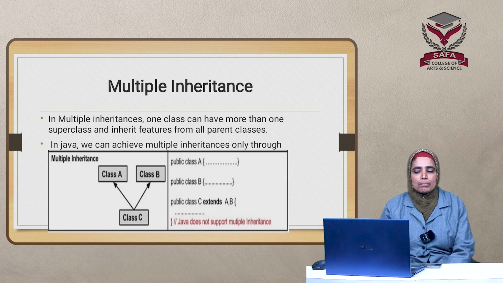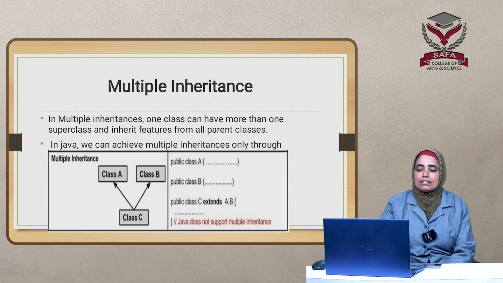The syntax is public class A, opening bracket, declaring variables and methods goes here. After declaring class A, we can declare class B. Here A and B are base classes. C can extend the properties of class A and B. This is called multiple inheritance.